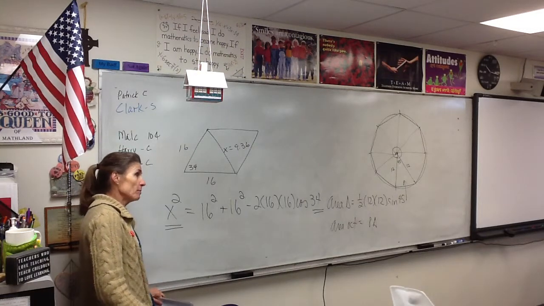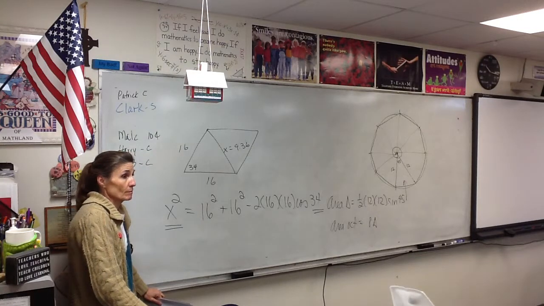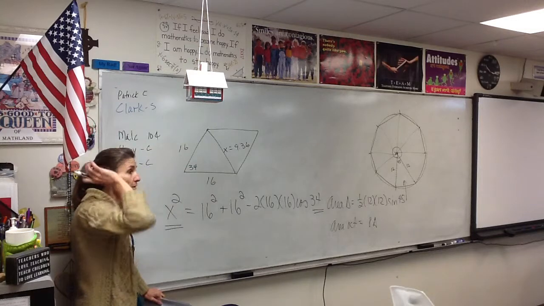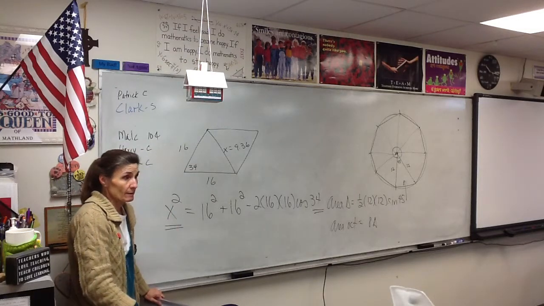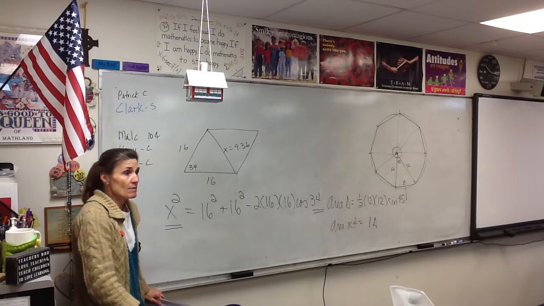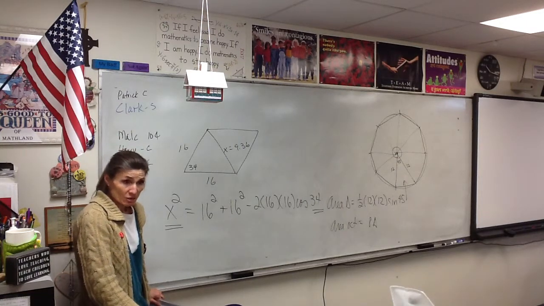Now the next problem says find the area. I went ahead and put up my whole rhombus again because I'm finding the area of the whole rhombus. But we talked about yesterday, I think, that we don't want to find the area of the rhombus. We want to find the area of a triangle.